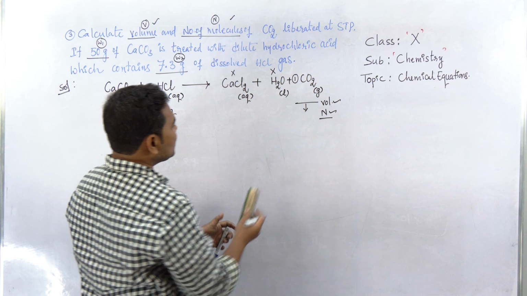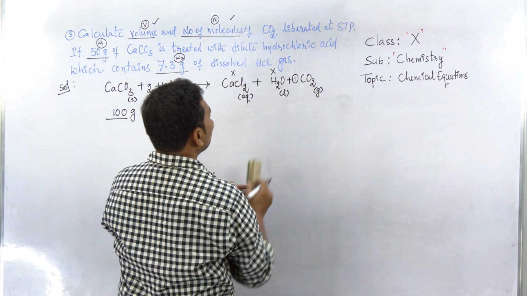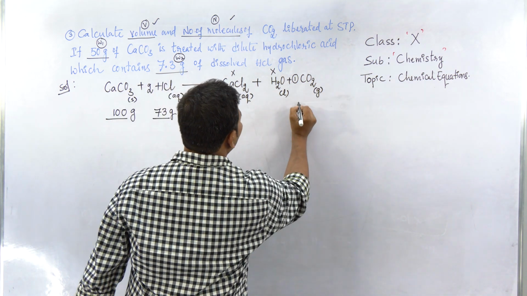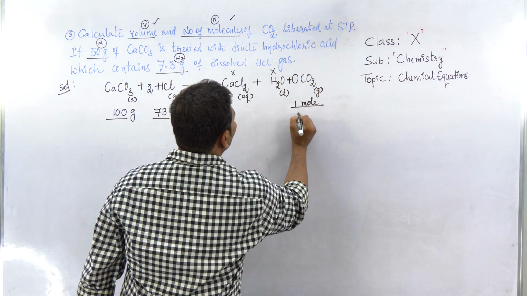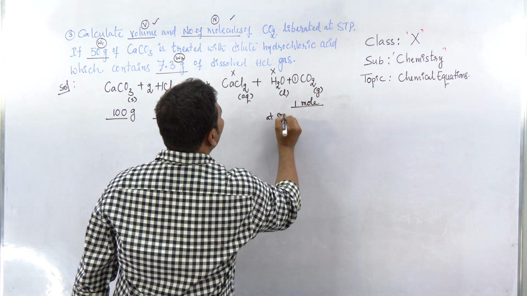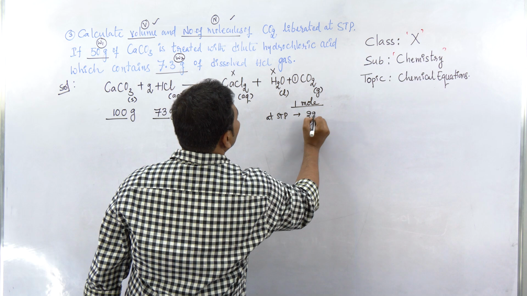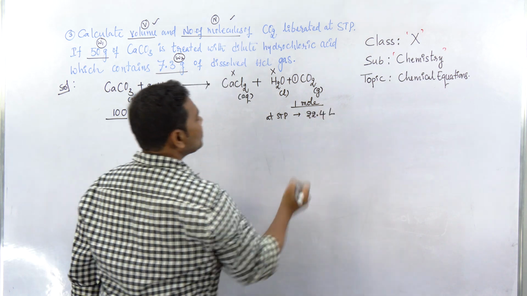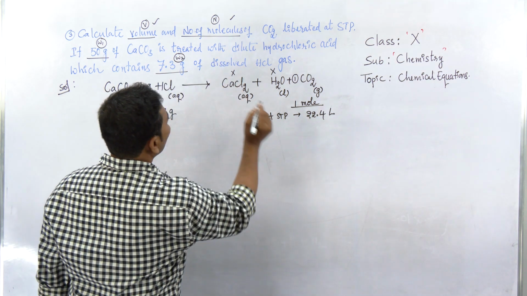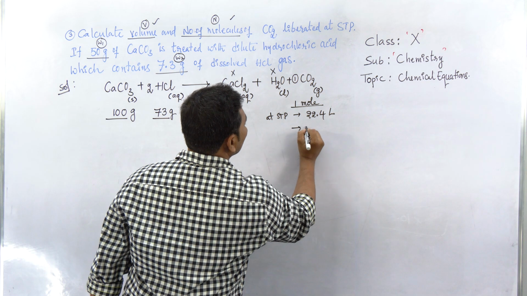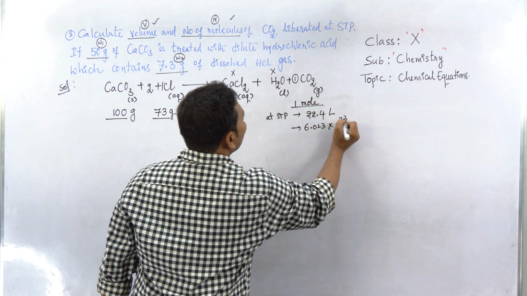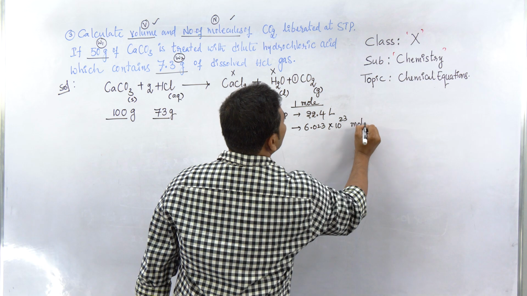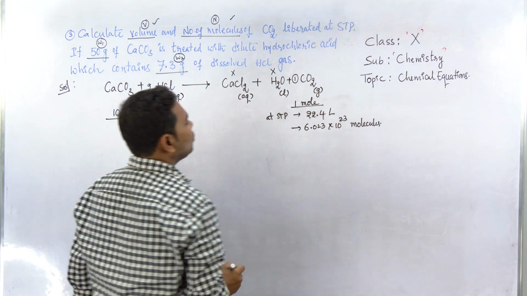From this balanced chemical equation, since it is only 1 mole, at STP it occupies 22.4 liters of volume, and number of molecules is 1 Avogadro number, which is nothing but 6.023 into 10 to the power 23 molecules of CO2, right?